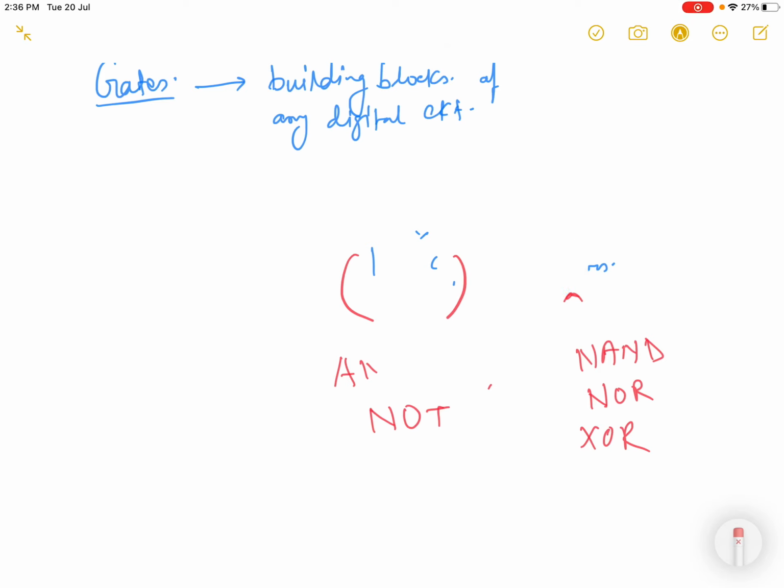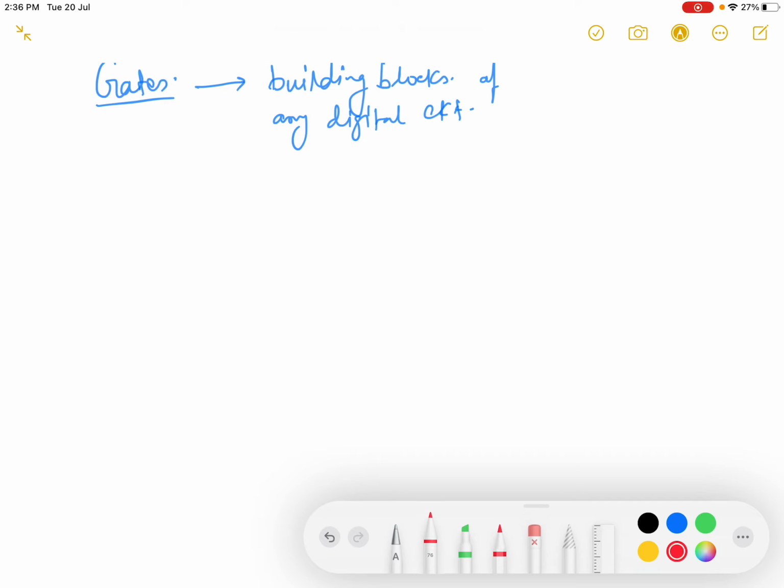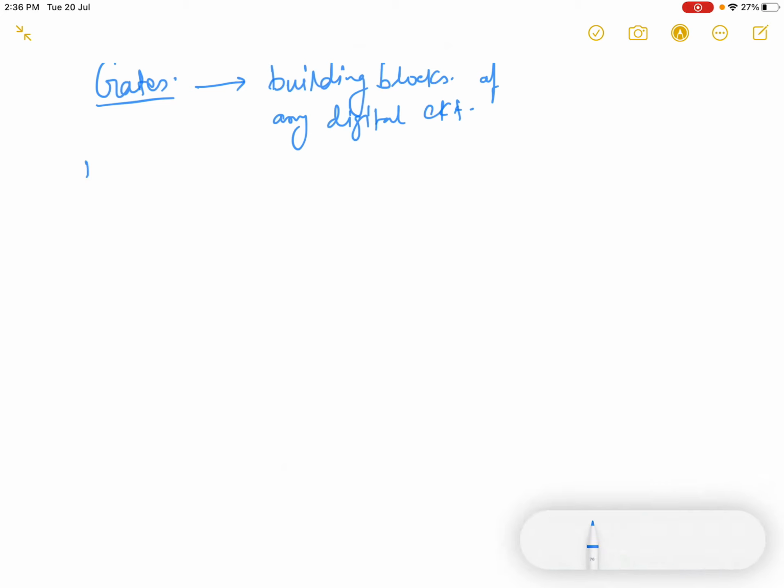It is very important to understand, if anybody is asking about gates, then you have to provide three kinds of information. First is the logical diagram.